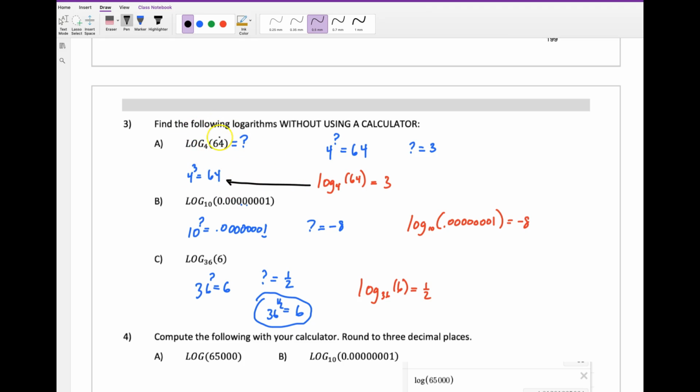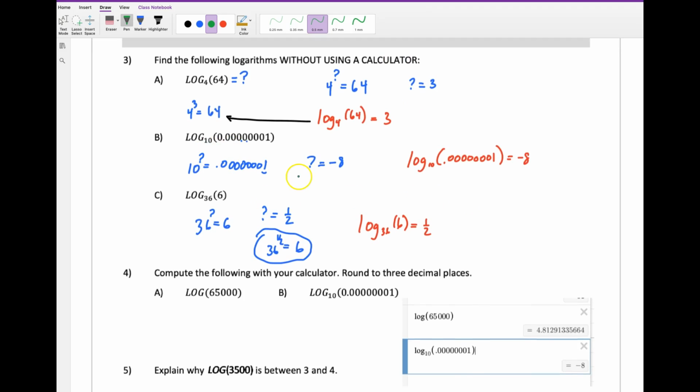That's the question that's being asked there. So if we wanted to do one more, let's say I invented another question. I say log base 4 of, let's say, 16. That answer would be 2, because 4 raised to the power of 2 equals 16. That's the question that's being asked there.